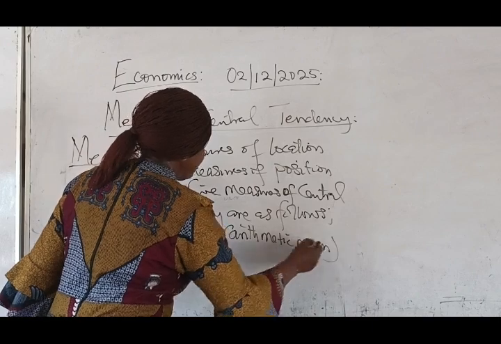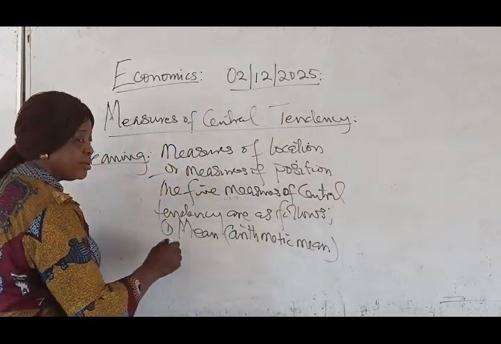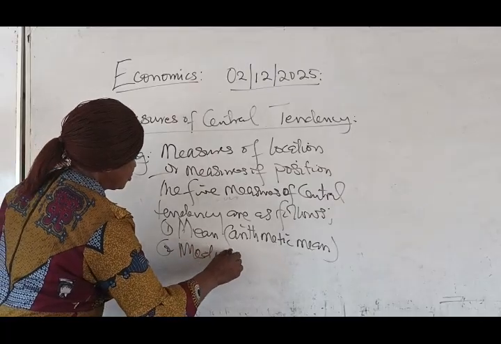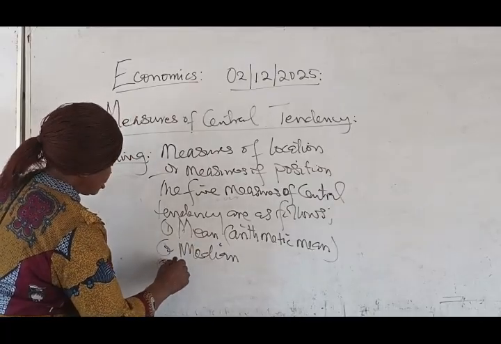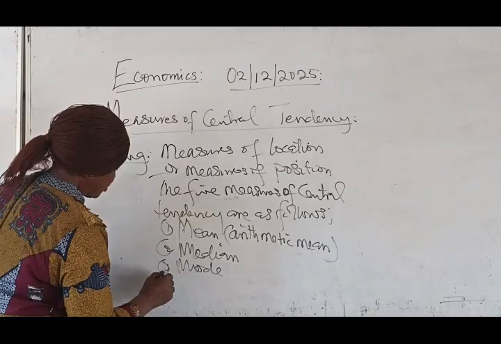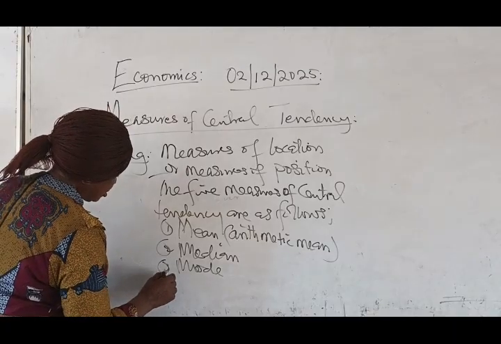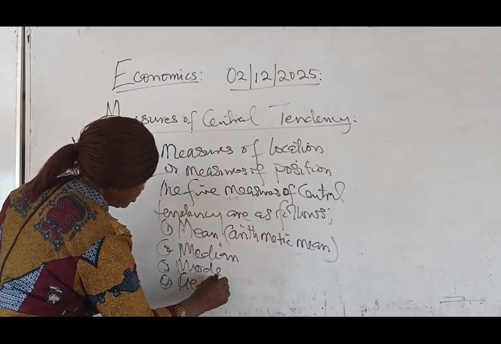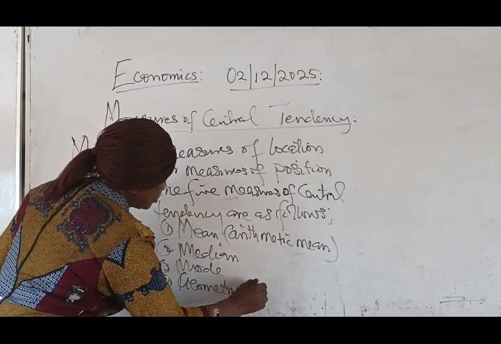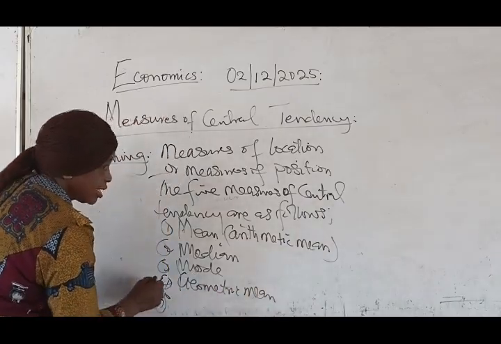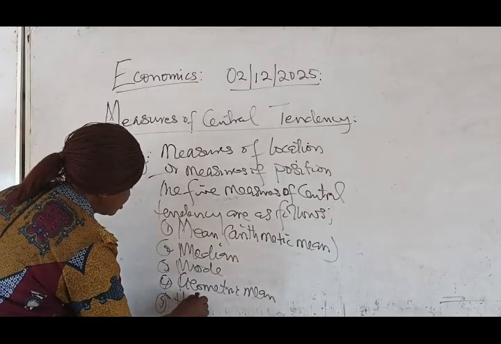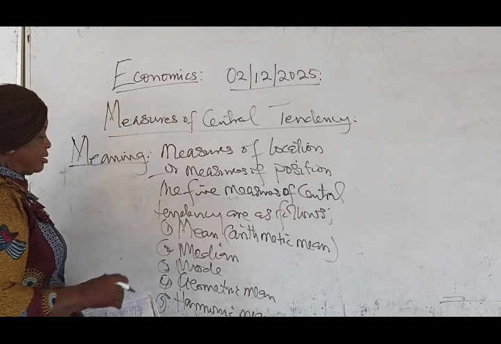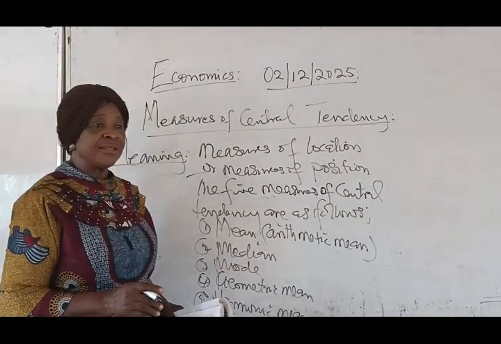That's another name for the mean. We have the median. We have the mode. We have the geometric mean. And we have the last one, harmonic mean. So these are the measures of central tendency.